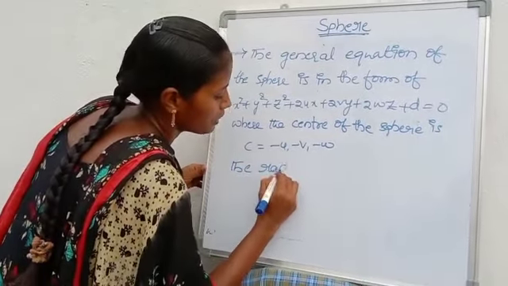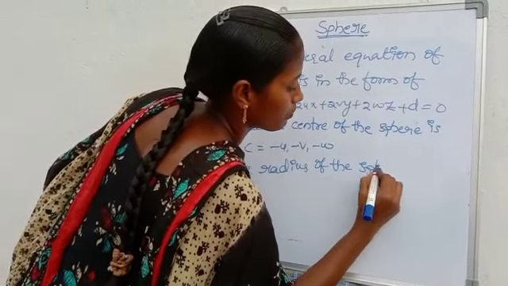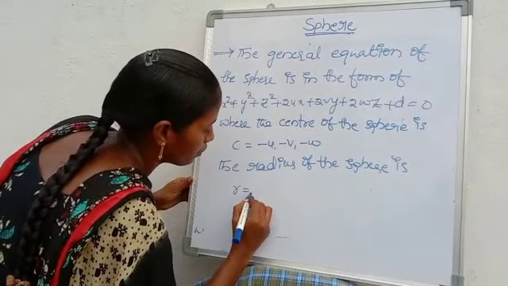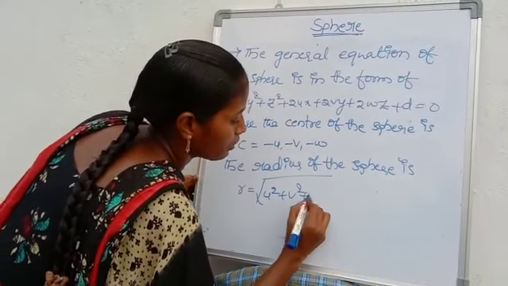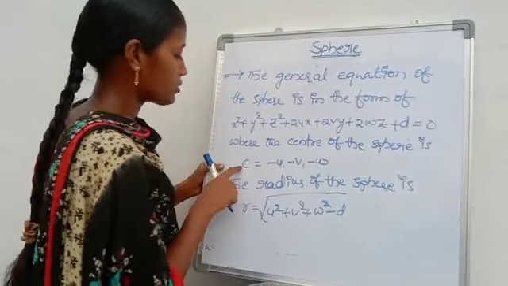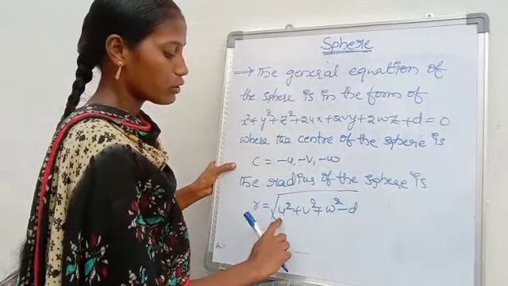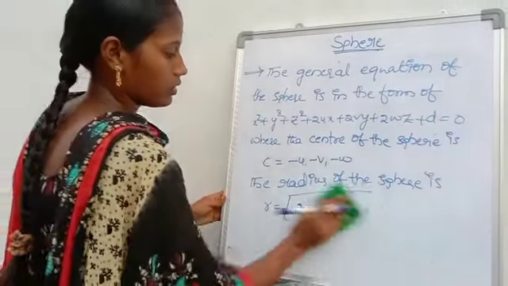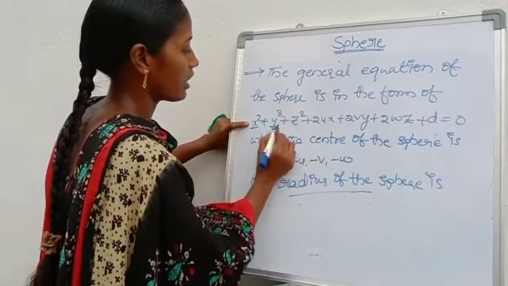The radius of the sphere is r equals under root u square plus v square plus w square minus d. Here the center of the sphere is (minus u, minus v, minus w), and the radius of the sphere is under root u square plus v square plus w square minus d. This is a second degree equation in x, y, z terms.